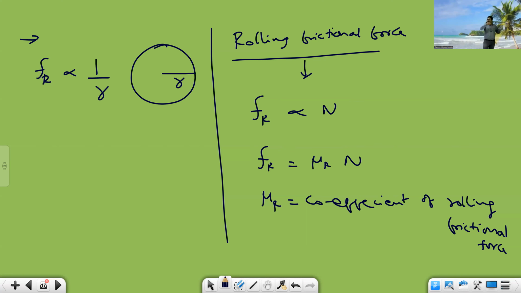A large body will have less rolling friction because contact with the surface will be less for a large body. So rolling frictional force and radius of the body are connected by an inverse relation. You have to remember this point.